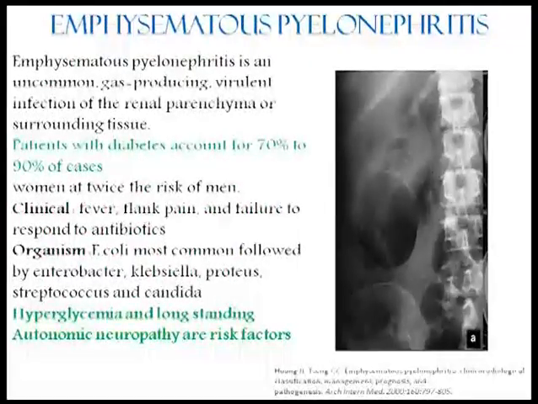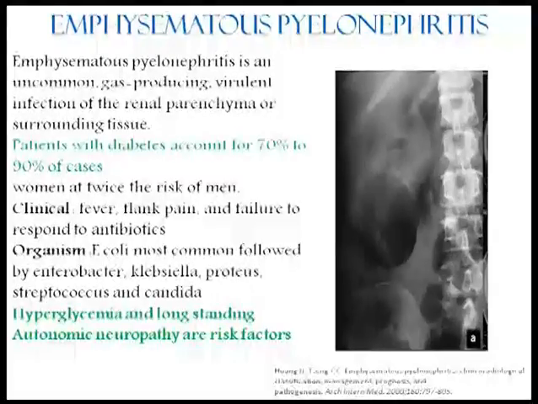It can be there in the urinary system also, right from the upper to the lower urinary tract. It can be in pyelonephritis. On a plain X-ray you will be able to see that, and a CT tells you very well.